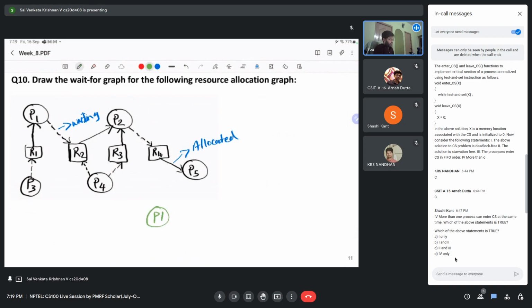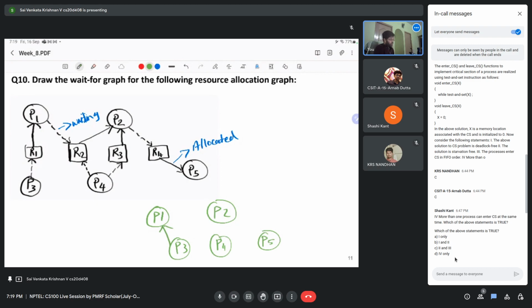There will be five processes. So let's take resource R1. In this case, R1 is allocated to P1 and P3 is waiting for R1. So if P1 releases R1, then P3 will get scheduled, and it can use the resource R1. So P3 is waiting for P1.